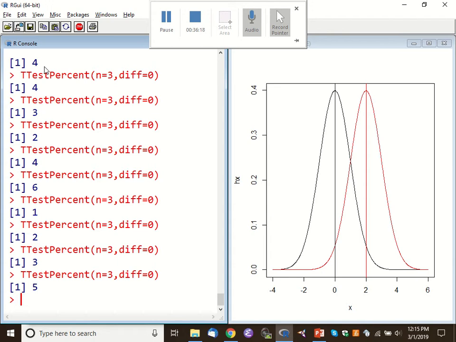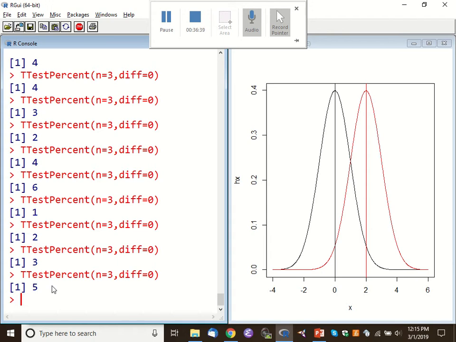Okay, so we see that 4 of them, 3 of them, 2 of them, 4 of them, 6 of them, 1 of them, 2 of them, 3 of them, 5 of them gave us significant p-values even when no difference was visible. That is an important cautionary tale because you can get a significant p-value when there's no difference. Everyone has that.